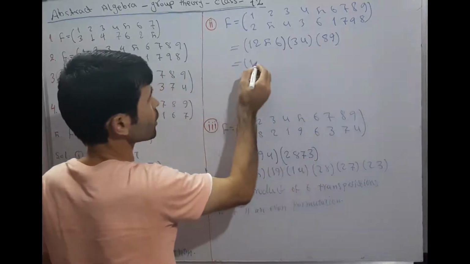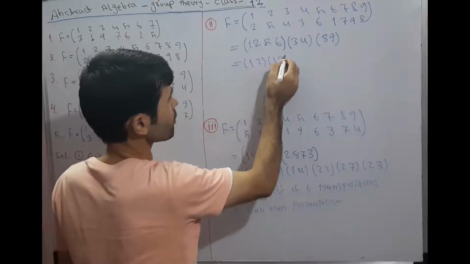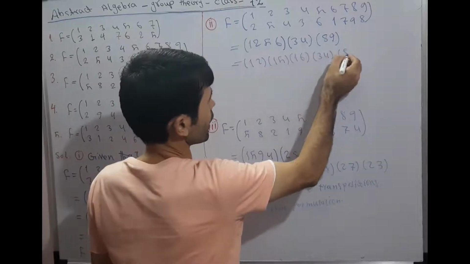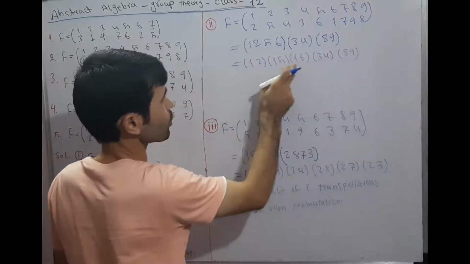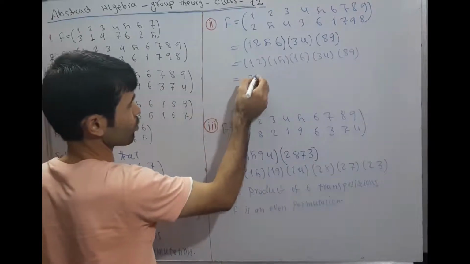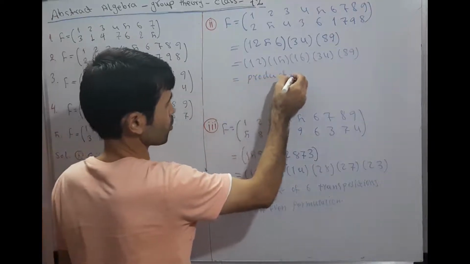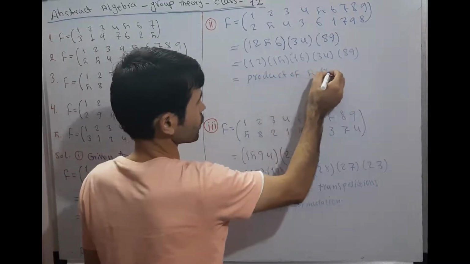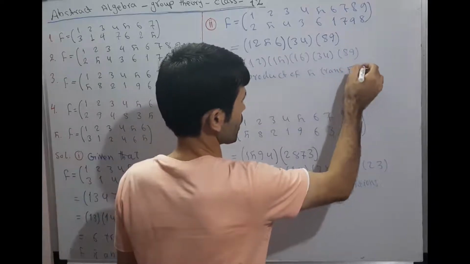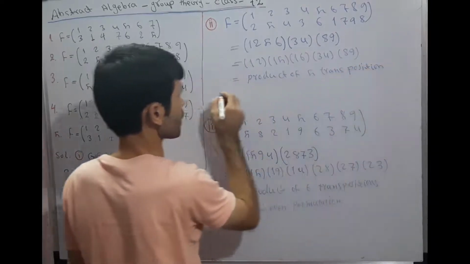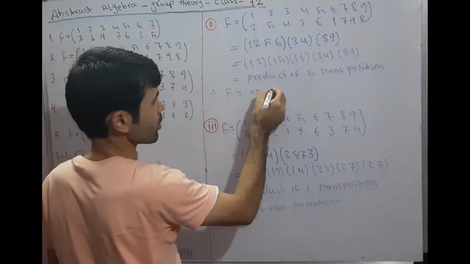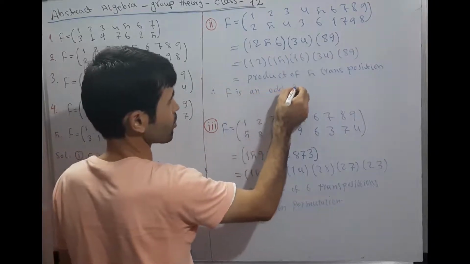It is equal to (1 2 5 6)(3 4)(8 9), which is (1 2)(1 5)(1 6)(3 4)(8 9). We have 1, 2, 3, 4, 5 transpositions. It is a product of 5 transpositions. Therefore, f is an odd permutation.